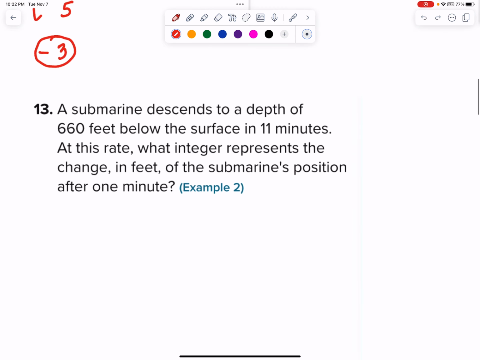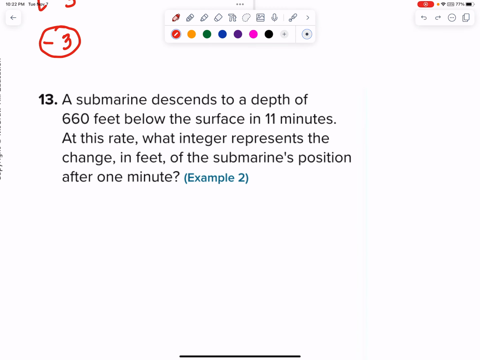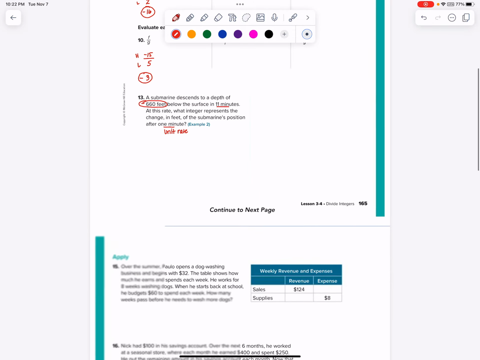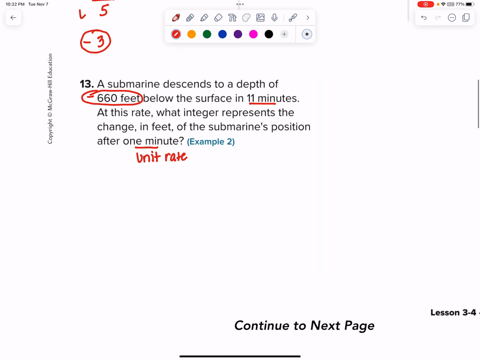Let's take a look at number 13. A submarine descends to a depth of 660 feet below the surface. So that's a negative. Make that note in there. And it does it in 11 minutes. At this rate, what integer represents the change in feet after 1 minute? So we're finding that unit rate. Let's set this up: negative 660 feet in 11 minutes.